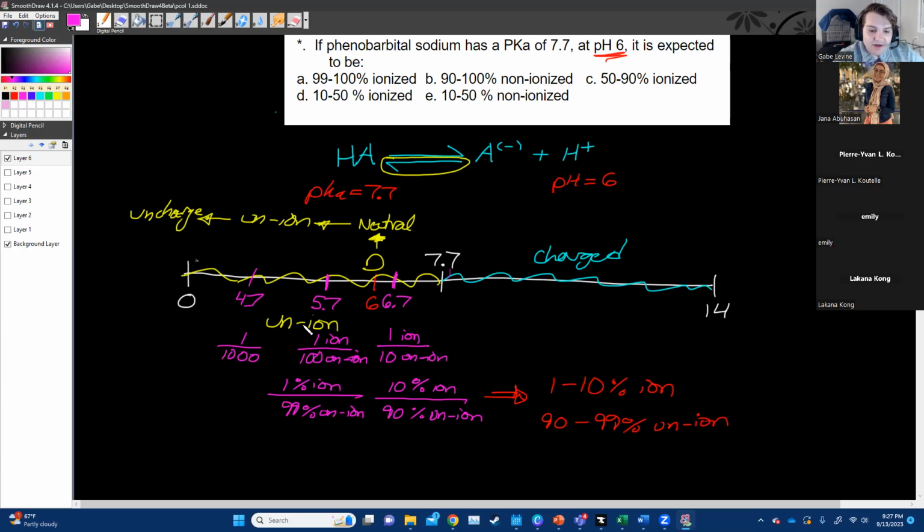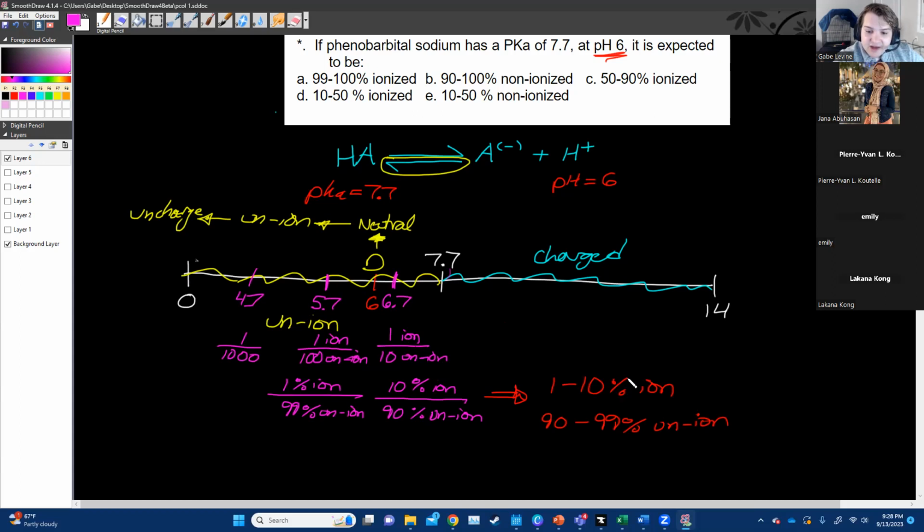Instead of writing it as 1/10 or 1/100, we can write this in terms of percentages. So 1 divided by 11, 1 ion divided by 11 total molecules is 10%. We can do the same to get 90%. And then at 5.7, we have 1/101. So 1% versus 99%.